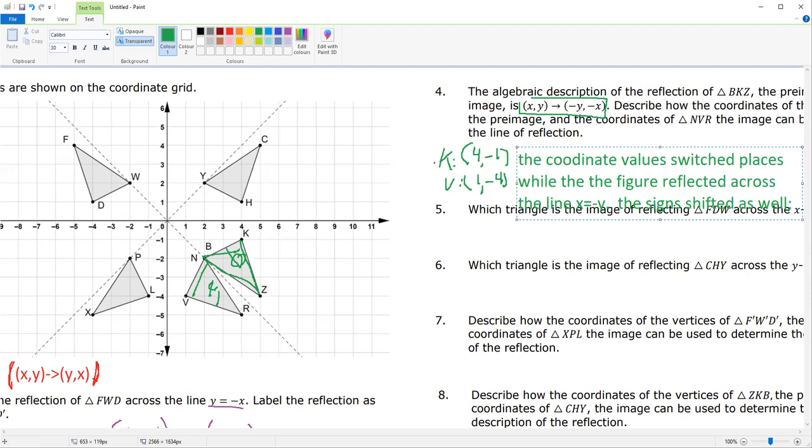So that's what I put in there. I think that's satisfactory.